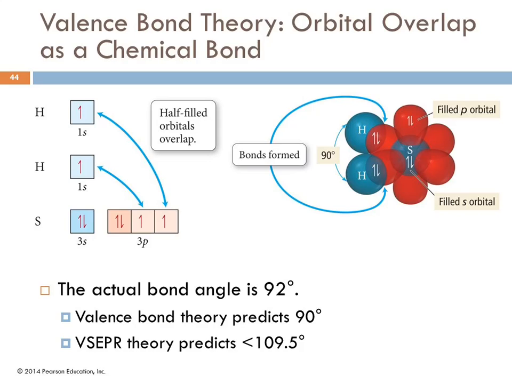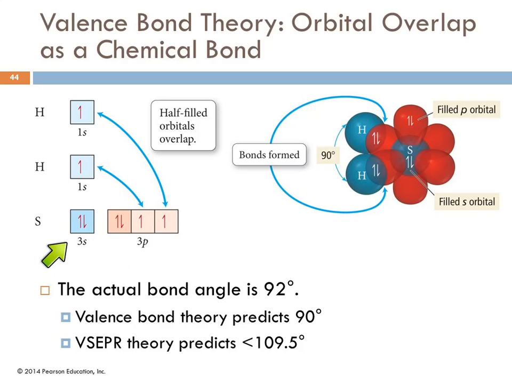What if we look at, what is this? This is dihydrogen sulfide. So we have two hydrogen atoms and one sulfur atom. And here we have orbital diagrams for the three different atoms. The hydrogens are easy. They each have one electron in the 1s orbital. And for S, we're looking only at its valence electrons.